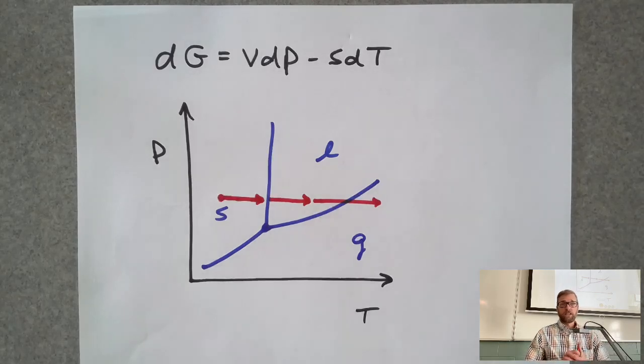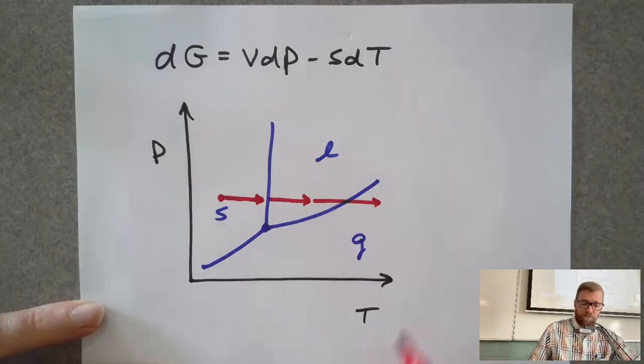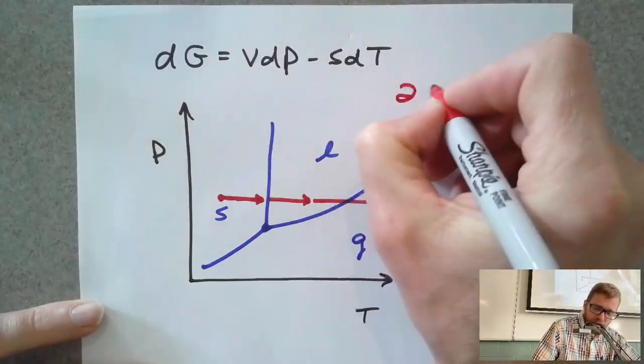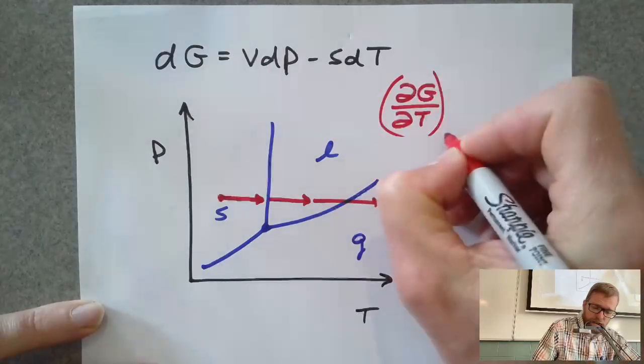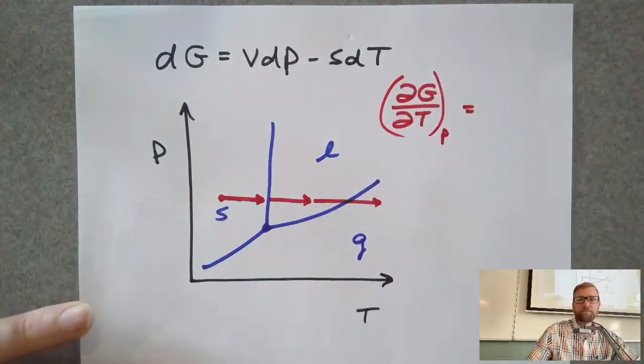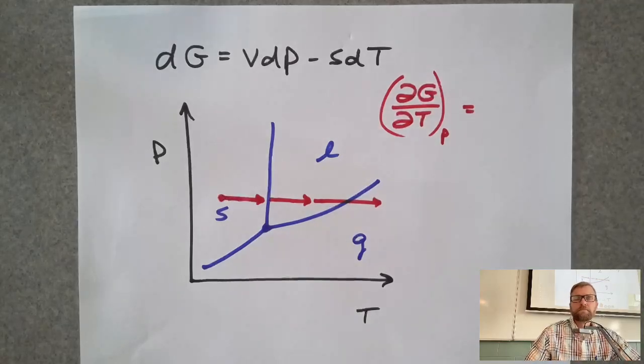Would it increase? That's a good question. Is it increasing or decreasing? To answer this question, we want to ask ourselves, what is the partial of G with respect to T at constant P? Let's remember these partial derivatives just tell us how stuff changes.